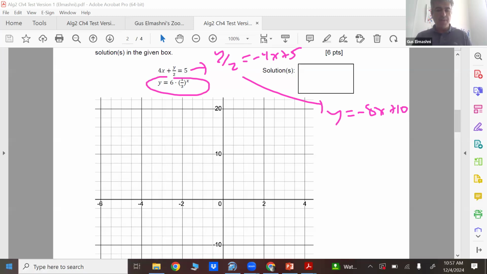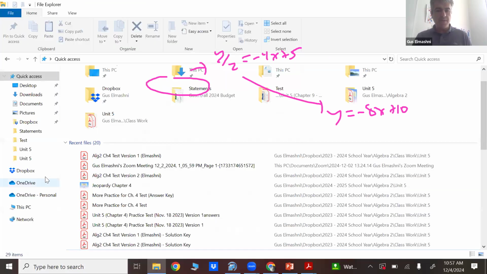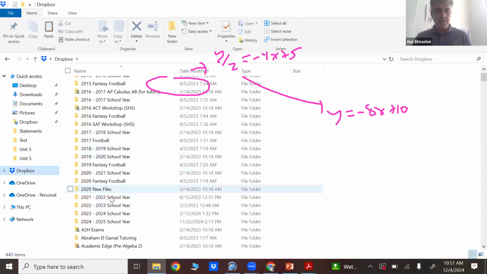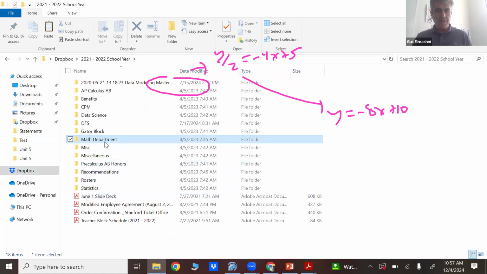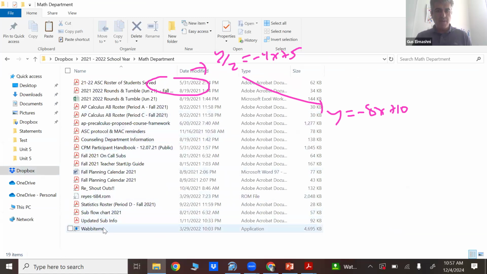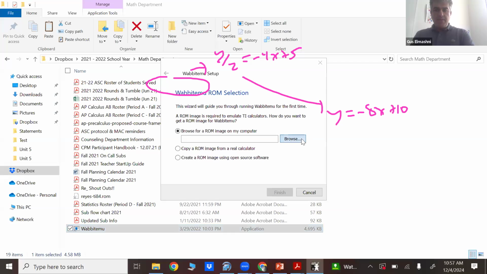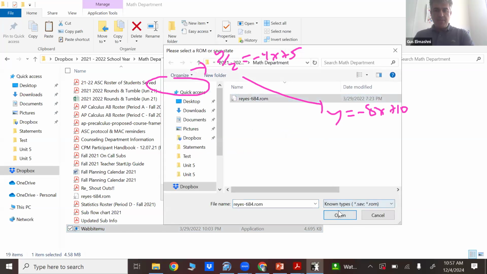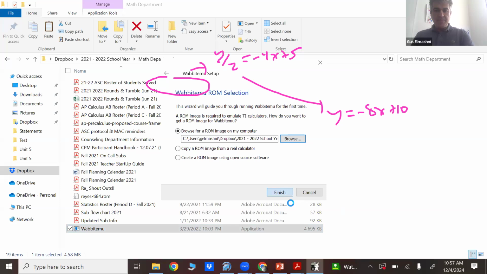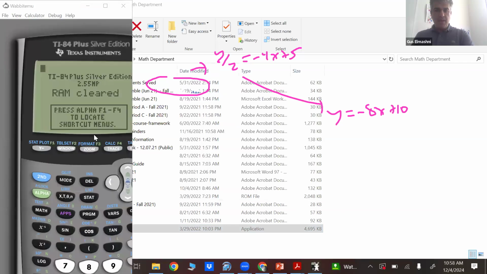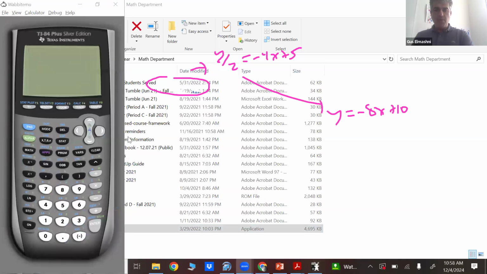So let me pull up the graphing calculator so you guys see that in action. And we'll play the game very shortly because I know we have to get to that.